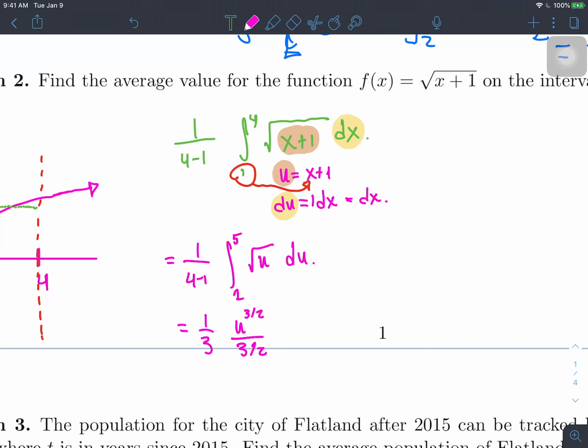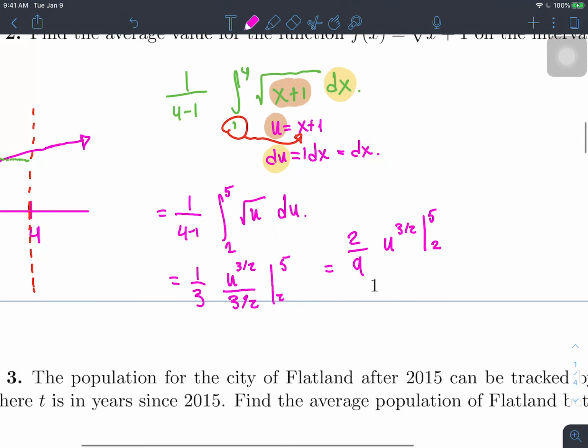And I'll evaluate that at 2 and 5. Dividing by 3/2 is the same as multiplying by 2/3. So this is going to be equal to 2/9 times u to the 3/2 power, evaluated at 5 and 2.